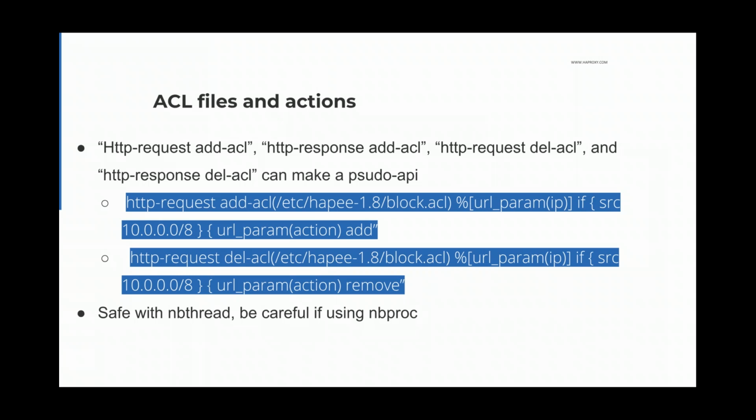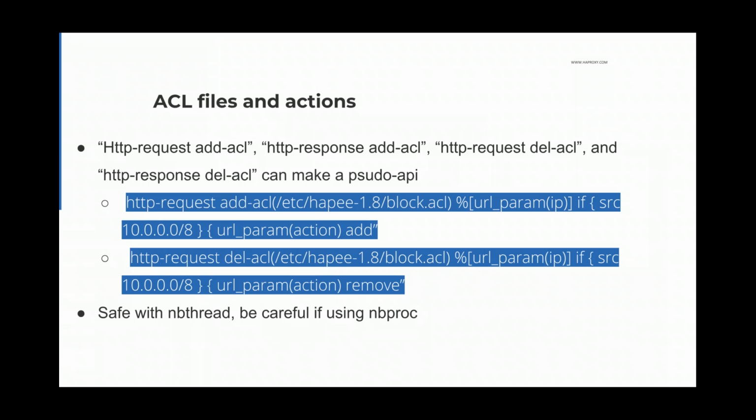So you can use that to make a pseudo API for HAProxy, which is useful if you want to allow a backend, in this particular case a server in a given subnet, to dynamically add and remove IP addresses to block.